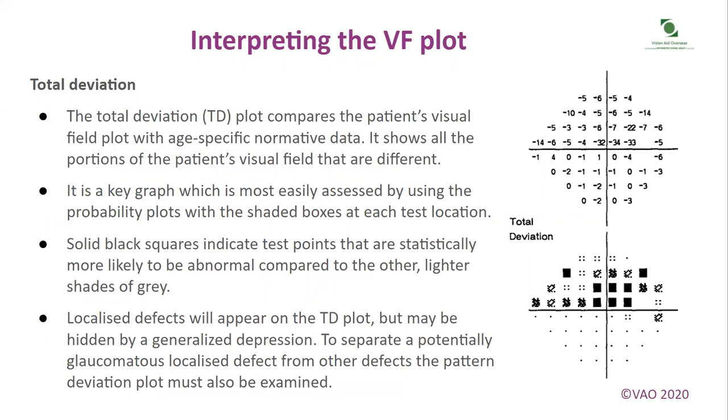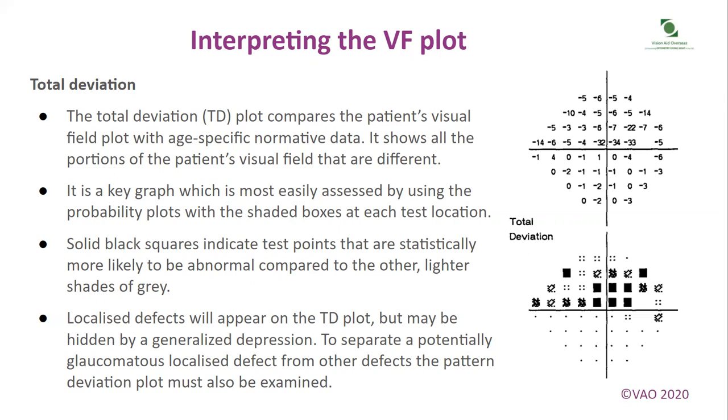The total deviation plot compares the patient's visual field plot with age-specific normative data. It shows all the portions of the patient's visual field that are different. It is a key graph which is most easily assessed by using the probability plots with the shaded boxes at each test location.